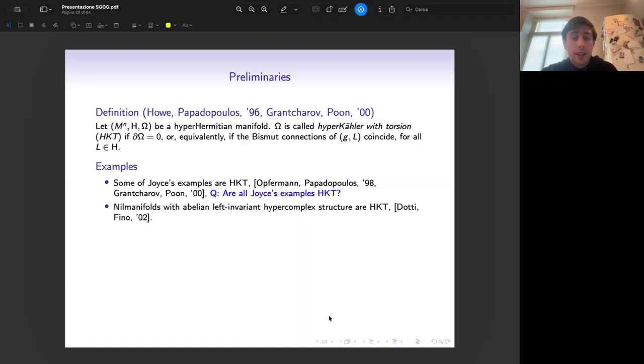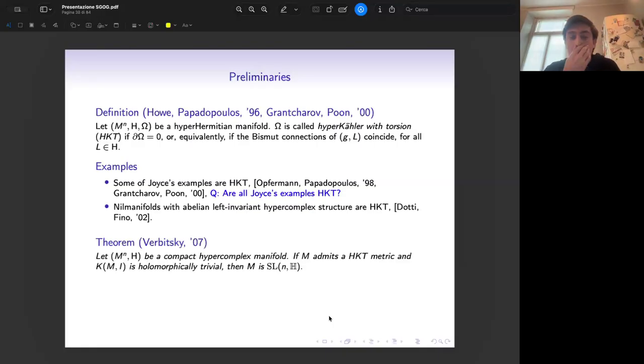But other examples can be found in the realm of nilmanifolds, and actually all the nilmanifolds with abelian left-invariant hypercomplex structure are HKT, due to Dotti and Fino.